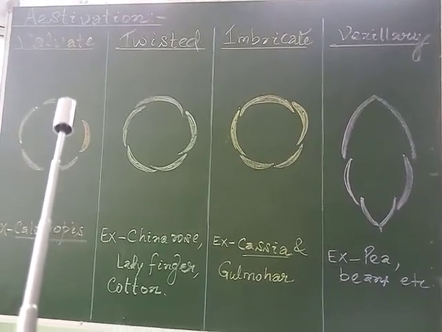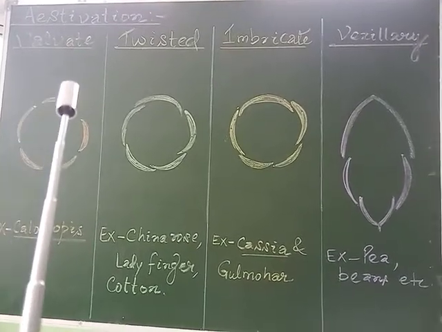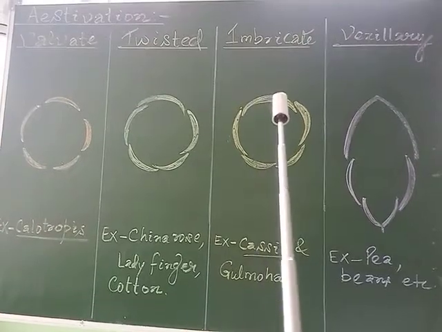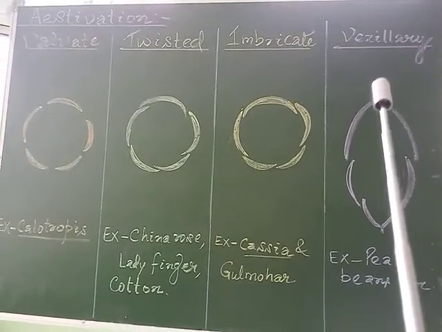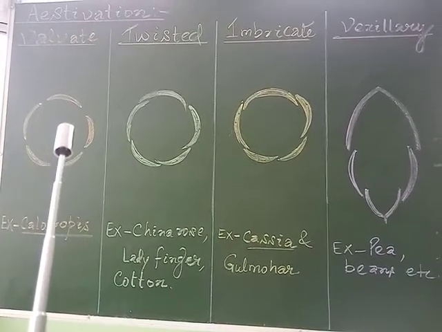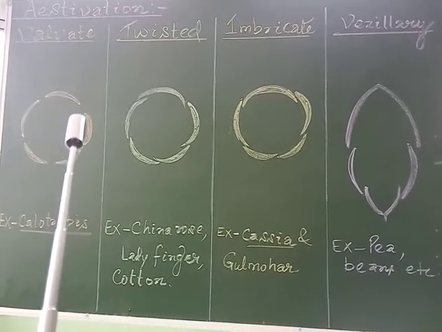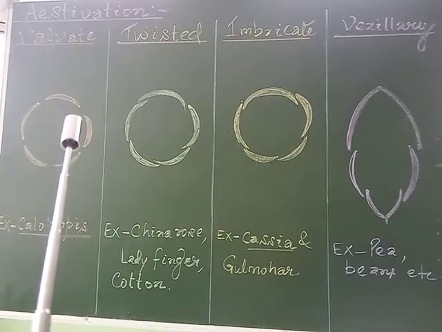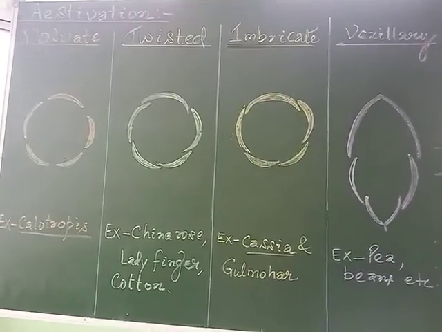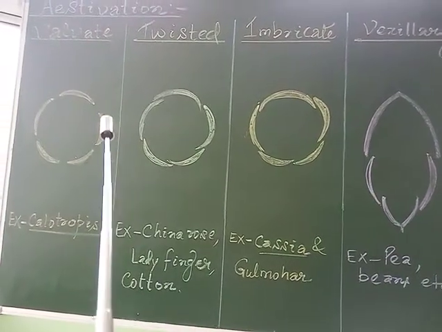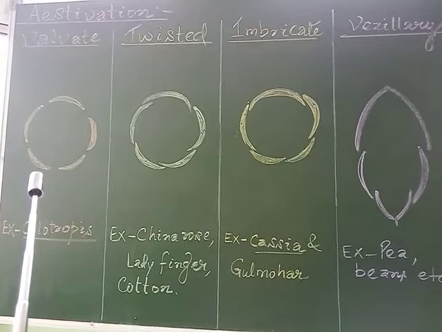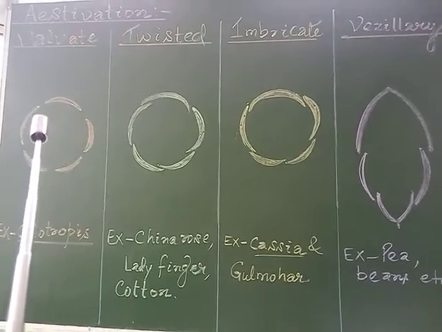So estivation is of four types: valvate type of estivation, twisted type of estivation, imbricate type of estivation and vexillary type of estivation. In the case of valvate estivation, what is the case? When sepals or petals in a whorl just touch one another at the margin without overlapping.